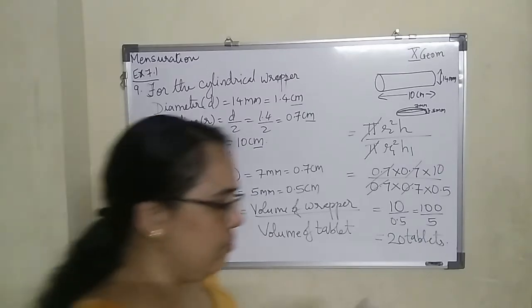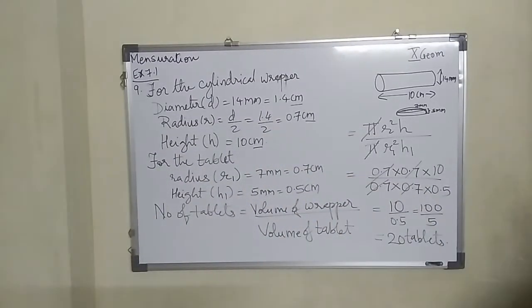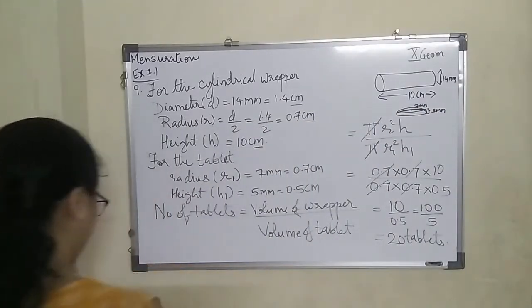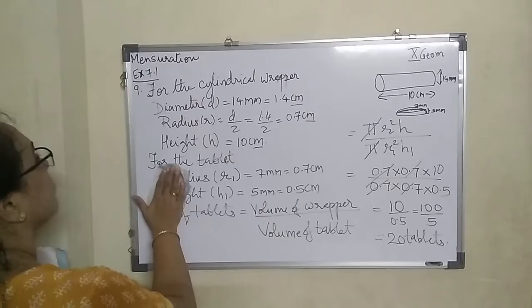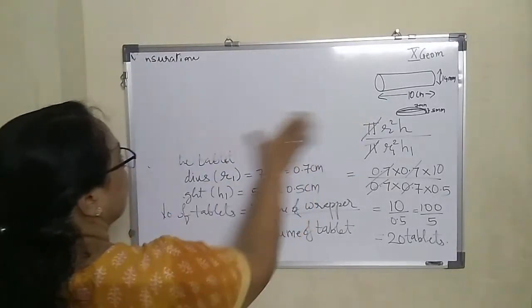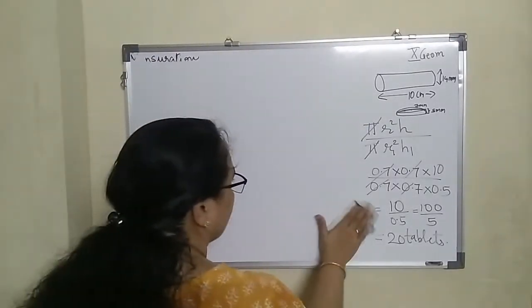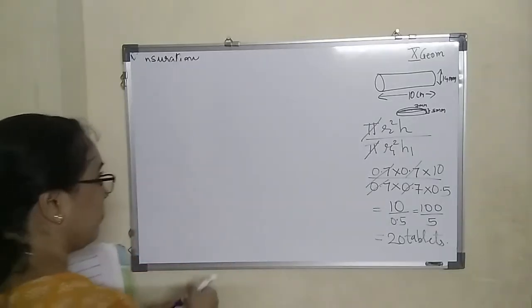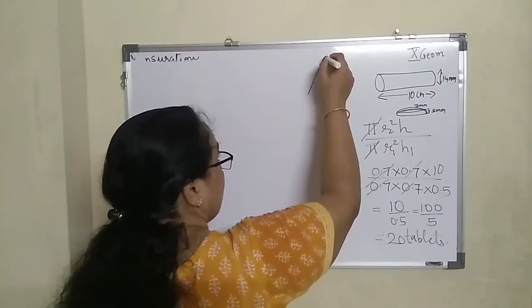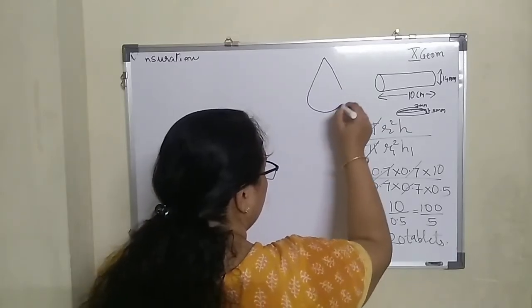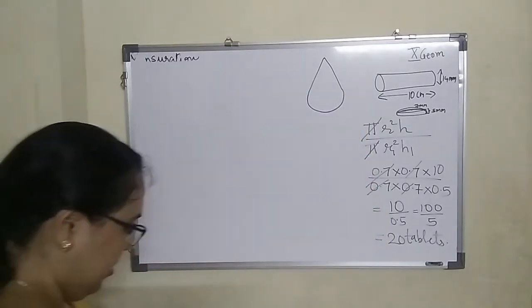Is that very clear? Understood? Okay. Then we go for the next one. That is the 10th one. For the 10th one, again you have a figure there. There are two parts in that, a conical part and a hemispherical part, right?